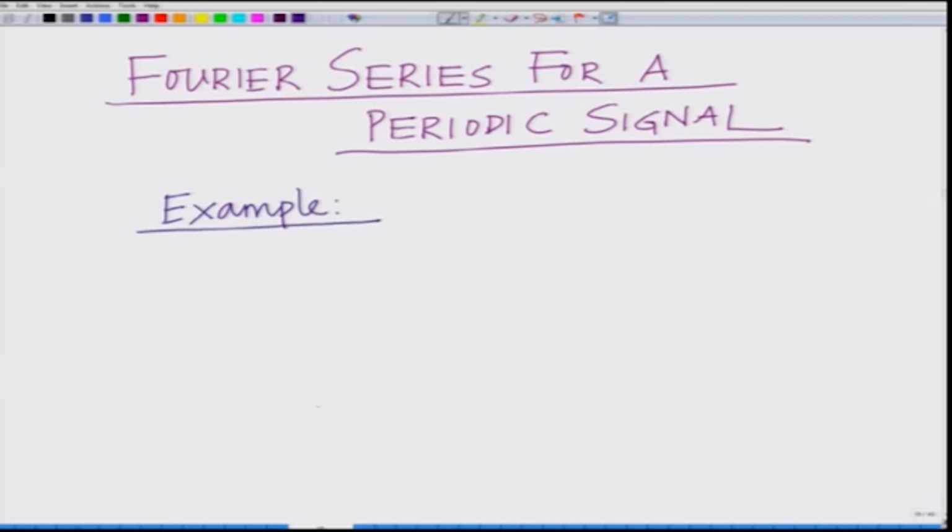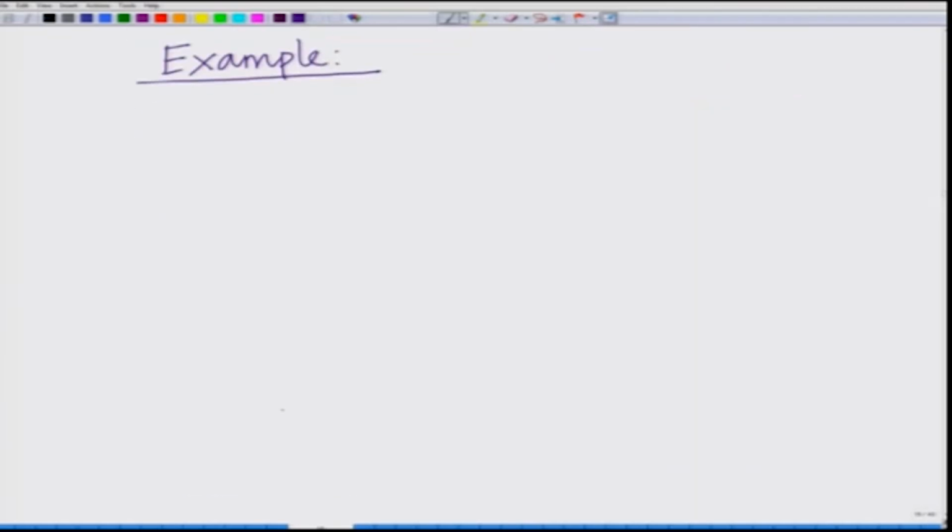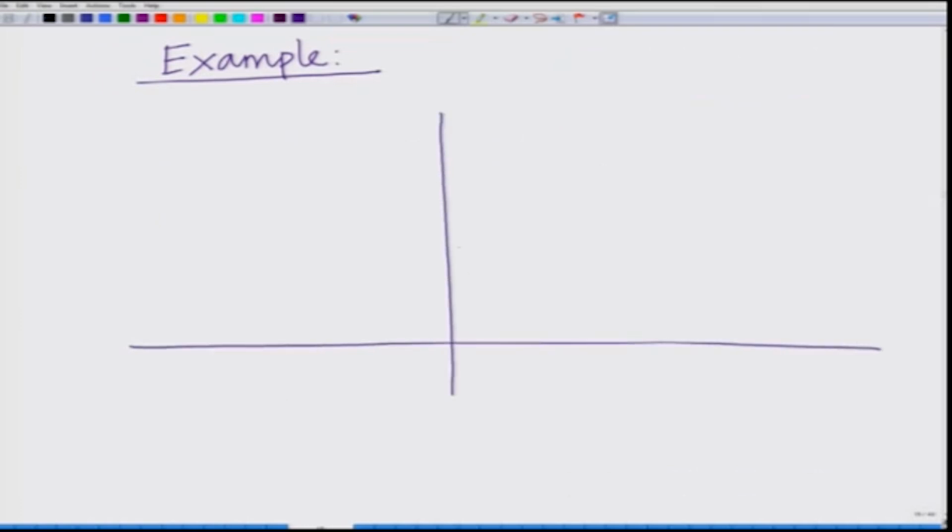Let us look at a simple example of a periodic signal. Consider a periodic stream of pulses. For instance, we have each pulse of width d, and let us say this is a periodic signal of period T. So, this is a periodic signal.